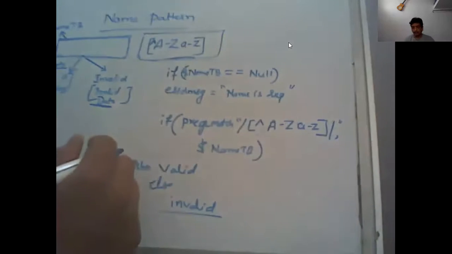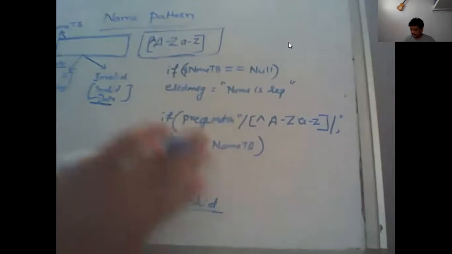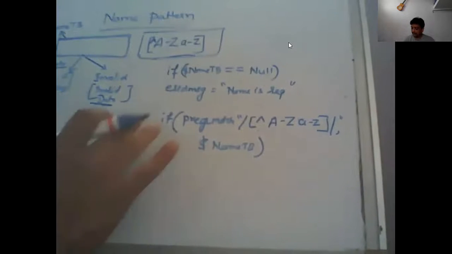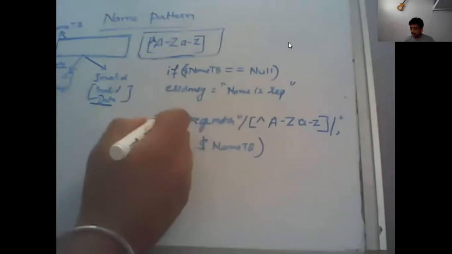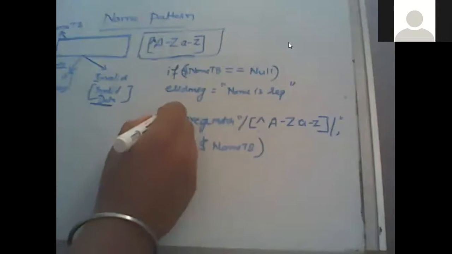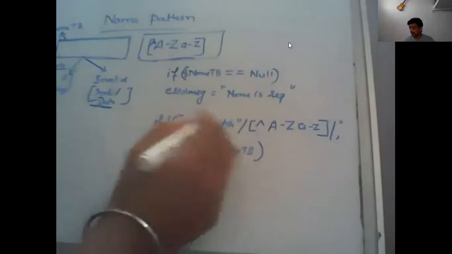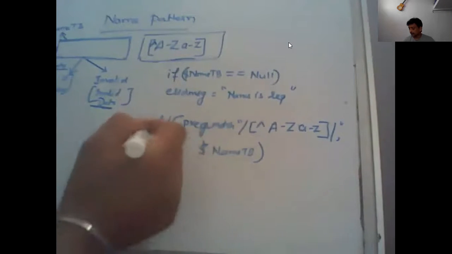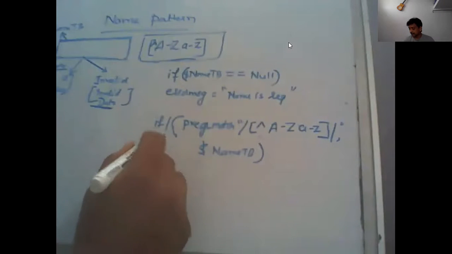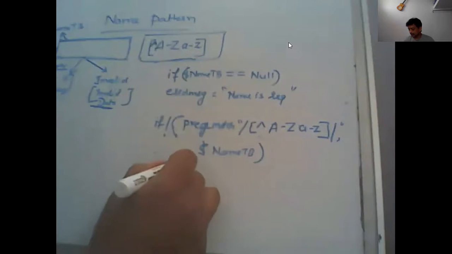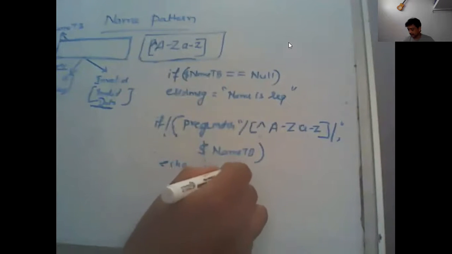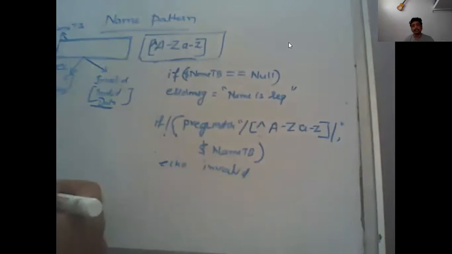So this is how we can write. Or else, I can write if not true; when the whole thing is false, I give the error invalid, otherwise I go ahead with the condition.